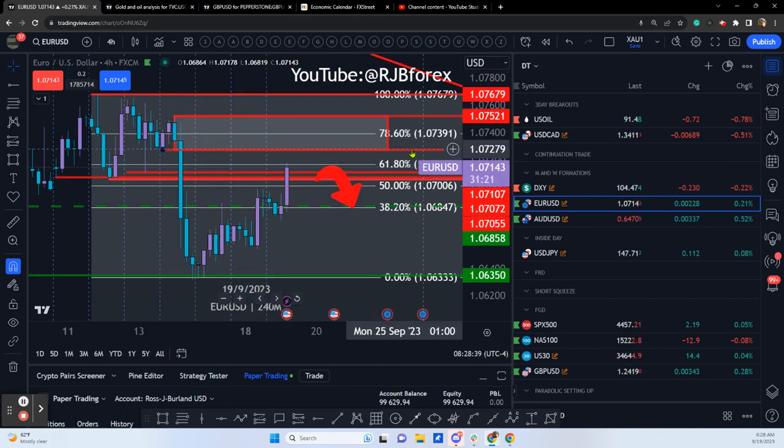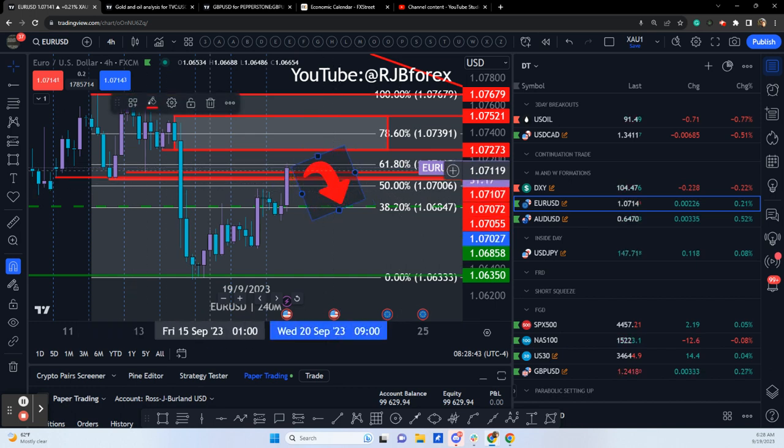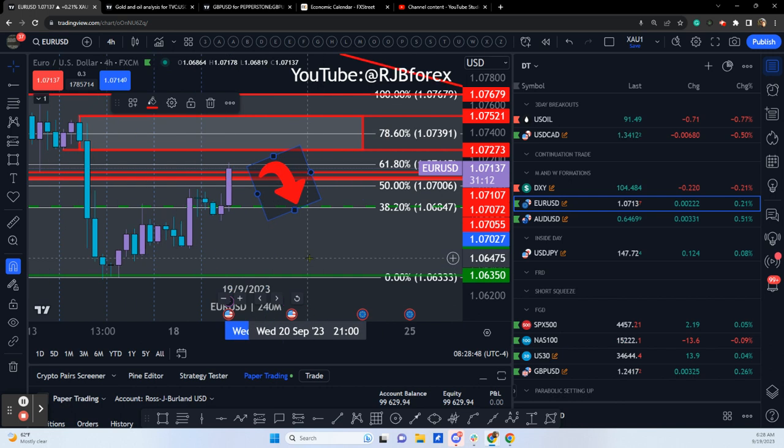So we're meeting a 61.8, so just be aware of that. We're meeting a 61.8. This could be resistance here.